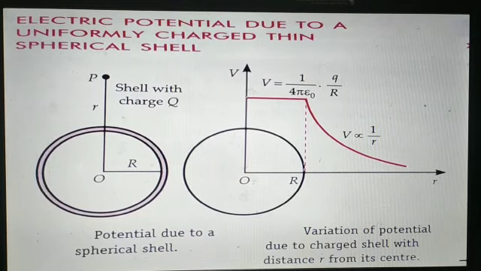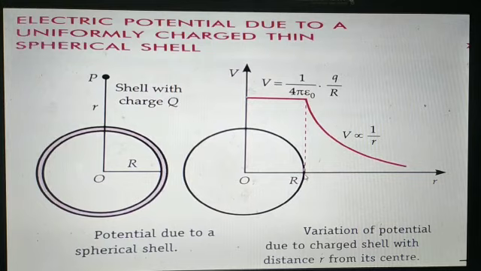Now the graph which you see here, we are going to derive this relation. When the value of distance from the center, which is given by small r, is less than or equal to capital R, the value of V remains constant, and that constant value is this.